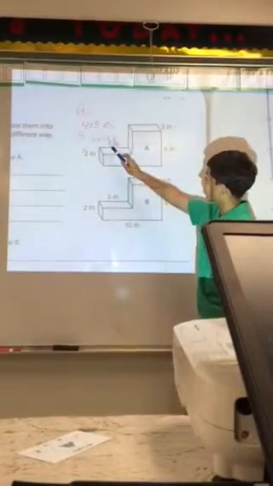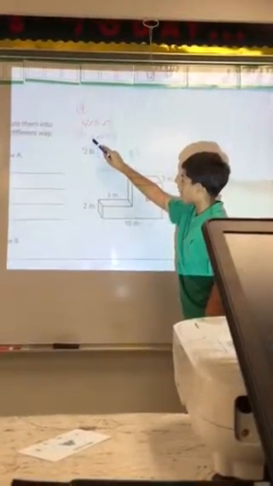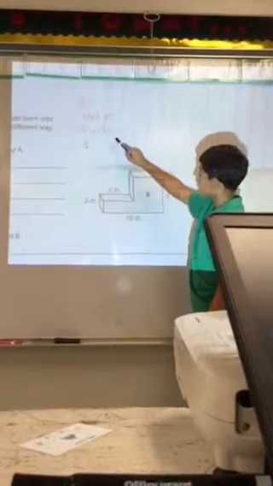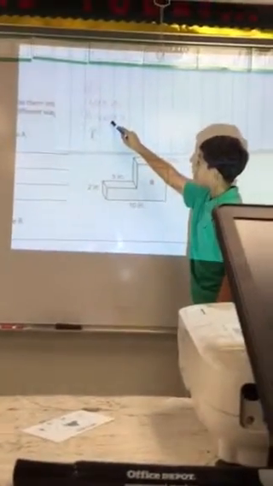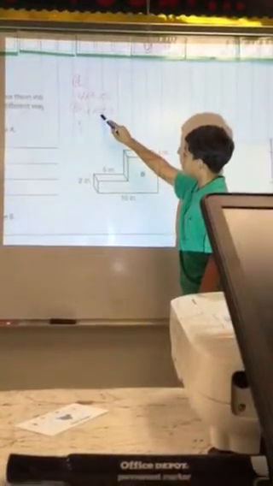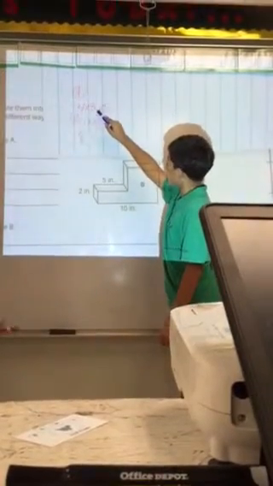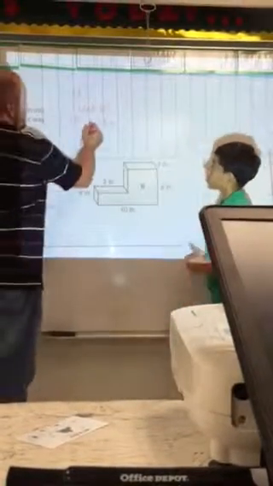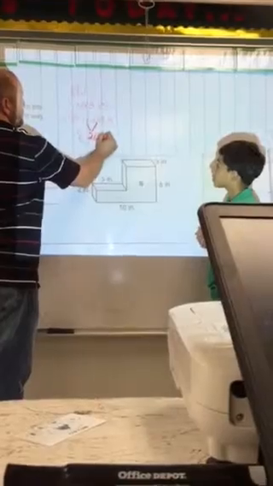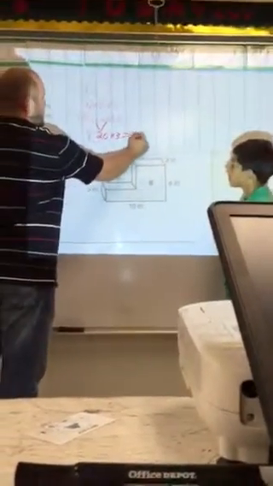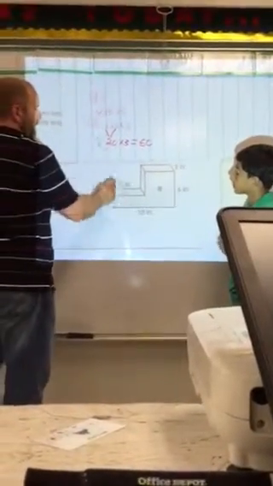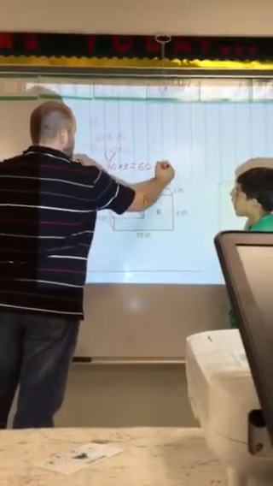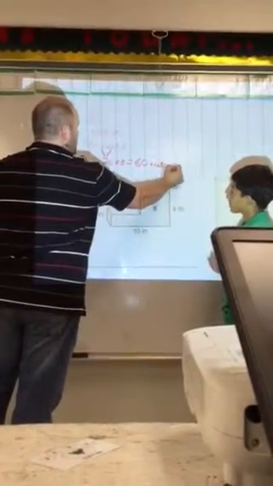Well, you're going to have to figure this problem out, like 10 times 3 times 2, and then whatever you get for this answer, you add it to this answer. So 10 times 2 is 20, times 3 equals 60. So the shape B was 60 cubic inches.